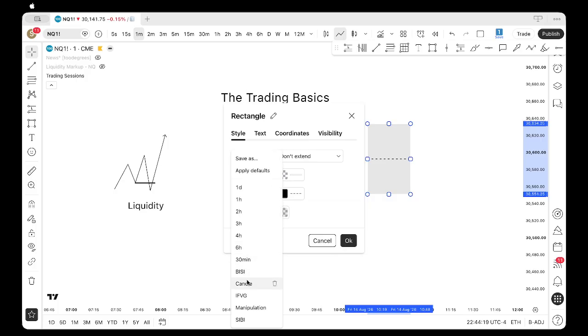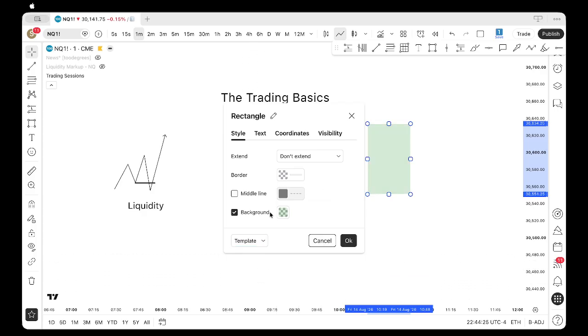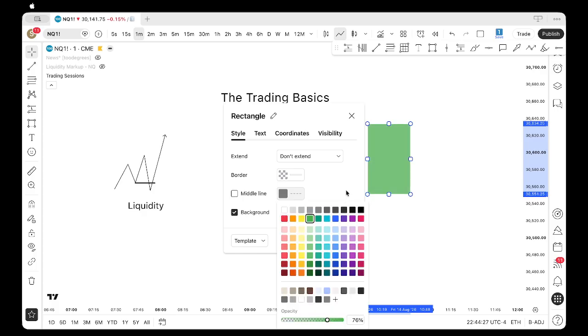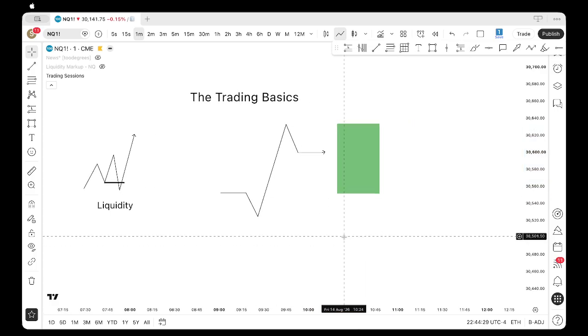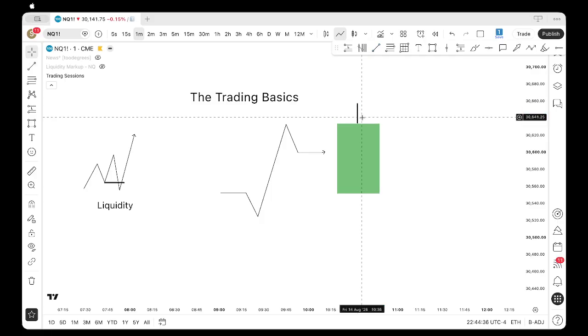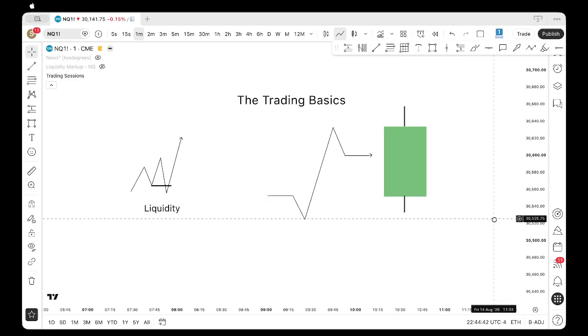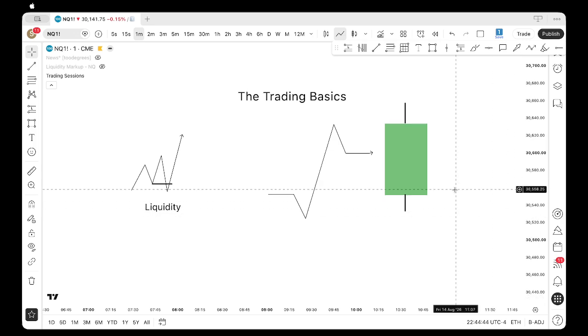Manipulation. Bullish. Here we go. So imagine this is a bullish candlestick, and we'll have our little wicks out here. Bam, bullish candlestick. Look at that beauty.